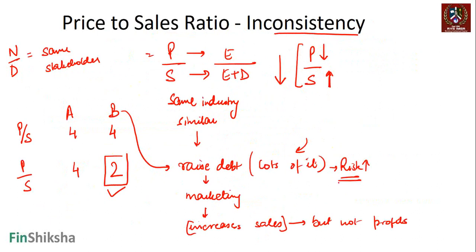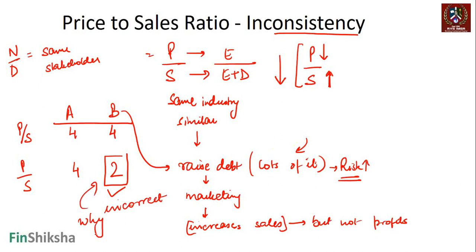So theoretically, it makes sense to buy company B, but practically speaking, this is going to be incorrect. And why is that? Because there is a lot of risk, and the price to sales is probably lower to reflect that risk, right?